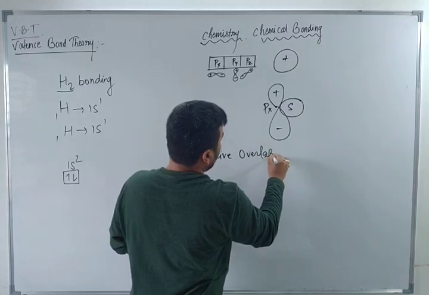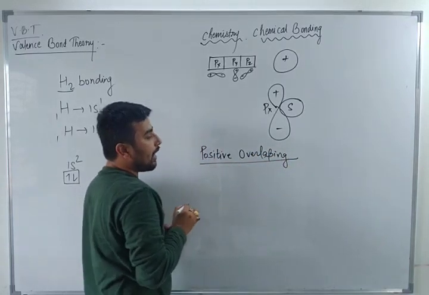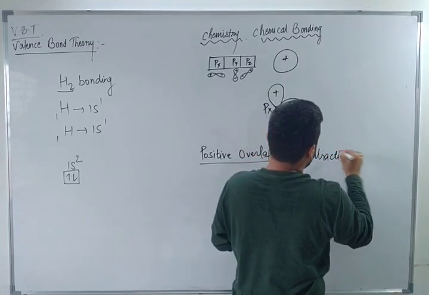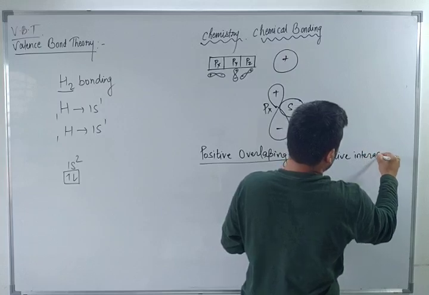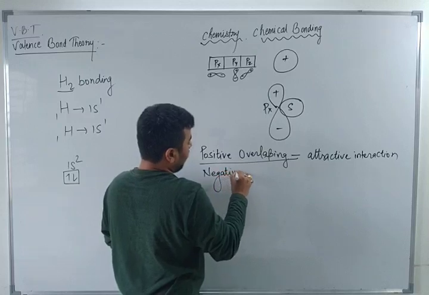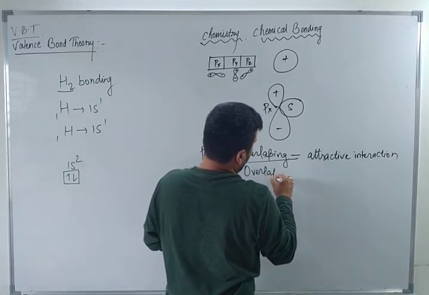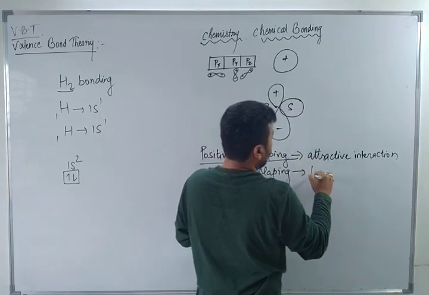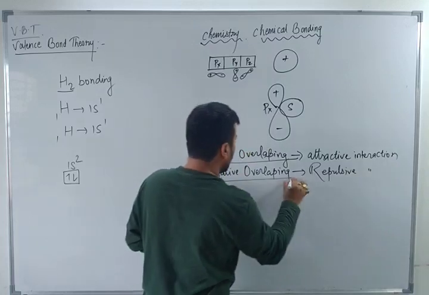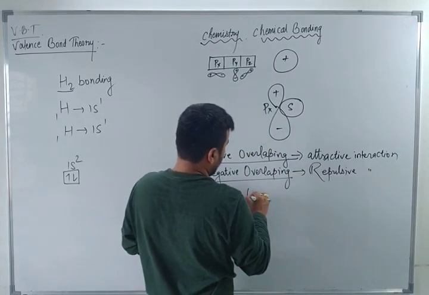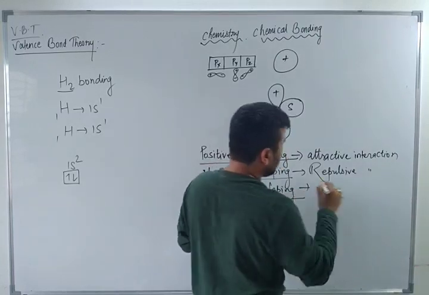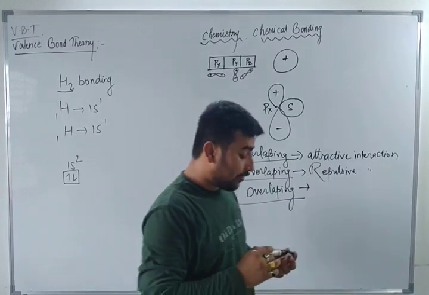So what have you seen about the positive overlapping? In the positive overlapping, what happens? Attractive interactions. In the negative overlapping, there will be repulsive interactions, and in the zero overlapping there will be no attraction and no repulsion.